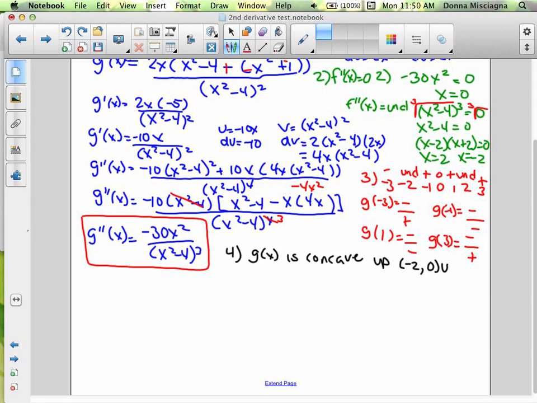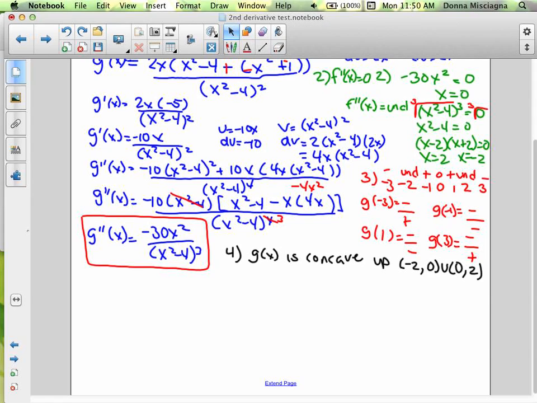And even though it's not an inflection point, it was a critical point for the second derivative, so make that 2 parts: negative 2 to 0, and then 0 to 2. It still stays concave up. Oops, in my sign chart, I put a plus instead of a minus. I put a minus and plus over here. You knew I meant minus.